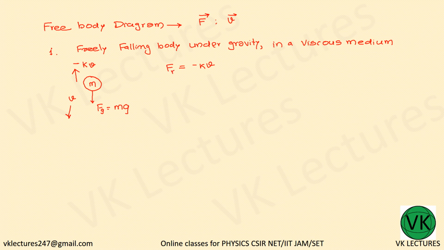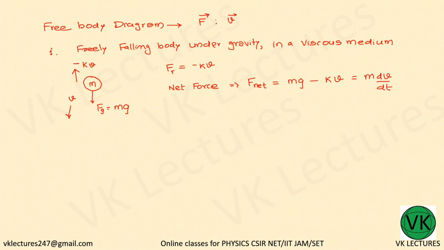Now we can say that the net force F net is equal to mg, that is the downward force which is larger, minus kV, that is the resistance force. So that we can write as m dv by dt.